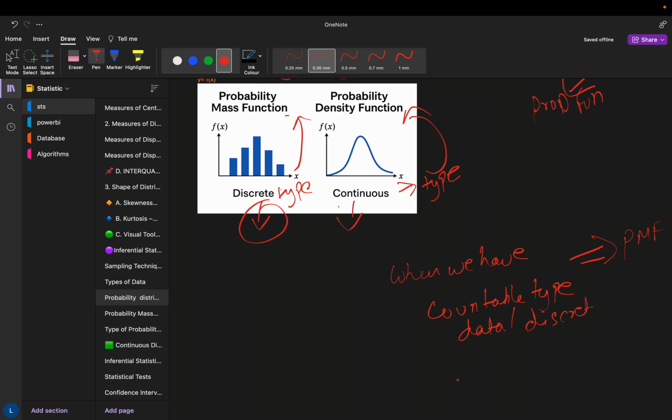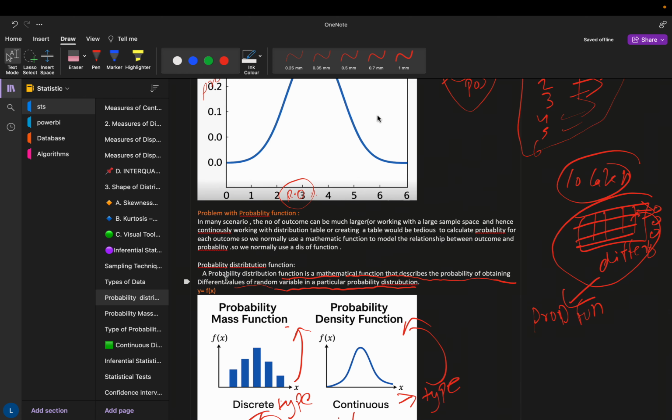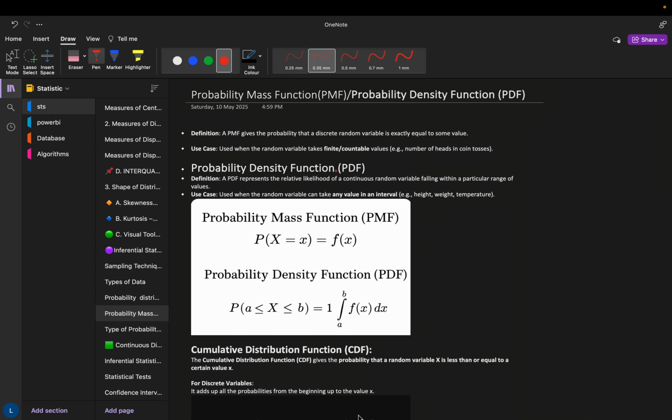On the other hand, when we have continuous type data, we normally use probability density function. Alright, I think you have understood till here. Now let's move to what probability mass function and probability density function are in detail.